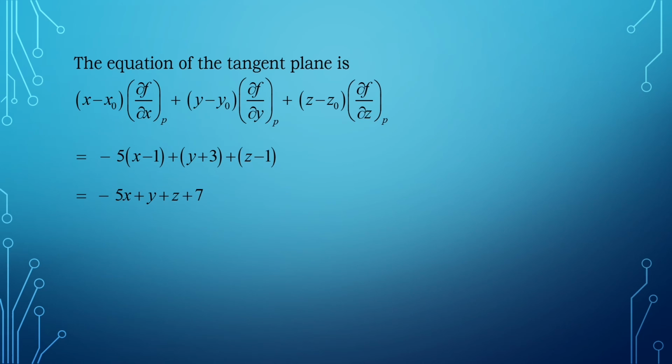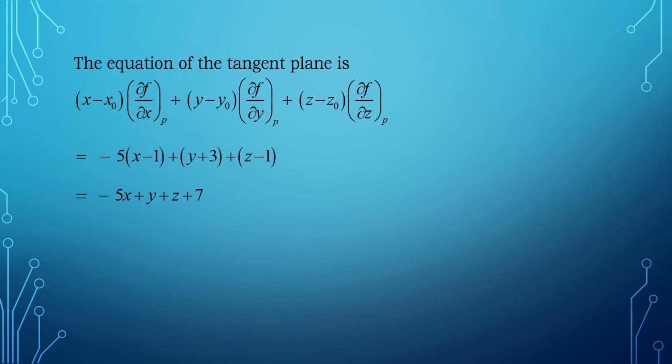Now we have our formula of the tangent plane. The tangent plane formula is x minus x naught into dou f by dou x plus y minus y naught into dou f by dou y plus z minus z naught into dou f by dou z. If we plug in all our values in this tangent plane formula, we get the tangent plane to the given surface at the given point as minus 5 times x minus 1 plus y plus 3 plus z minus 1.